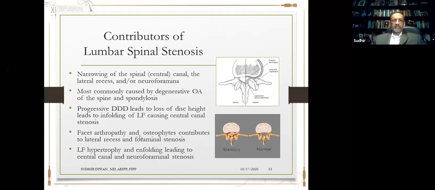Facet arthropathy and osteophyte formation also contribute. The osteophyte formation mainly contributes to either lateral recess stenosis or foraminal stenosis. And then there is ligamentum hypertrophy and infolding, because whenever you have a smaller, narrow area between the vertebrae, there's an infolding of the ligamentum flavum that also contributes to the stenosis.